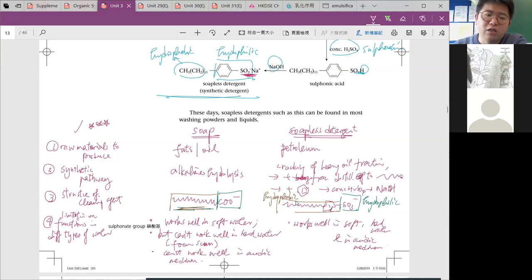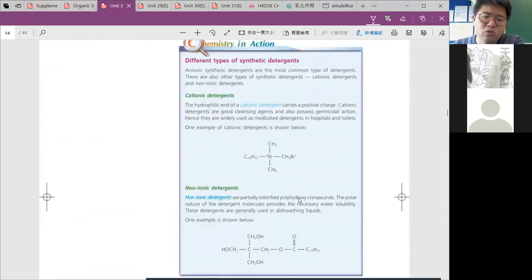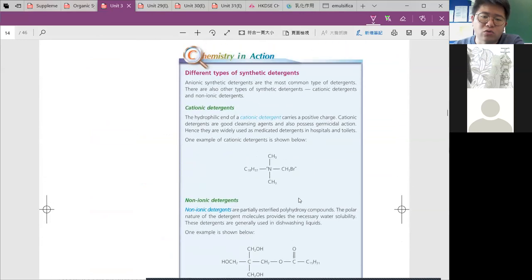Sometimes you need to make a comparison for those. And similarly, 2 days ago, while you talked about condensation polymer, right? You may make a comparison between condensation polymer and addition polymer. So I will give you a chance. Go home and try to make a comparison of those condensation polymers and addition polymers. How will we compare? Just like this table. Okay. So what we just mentioned about those detergents, we have anionic detergent.